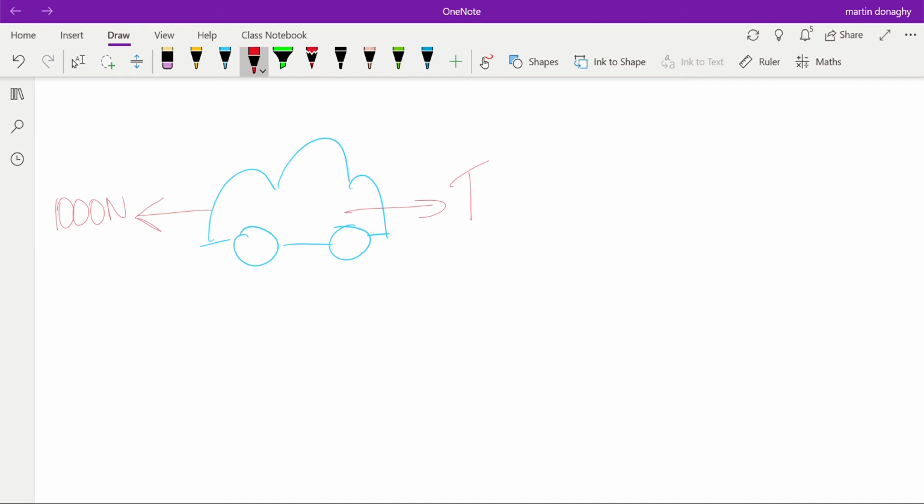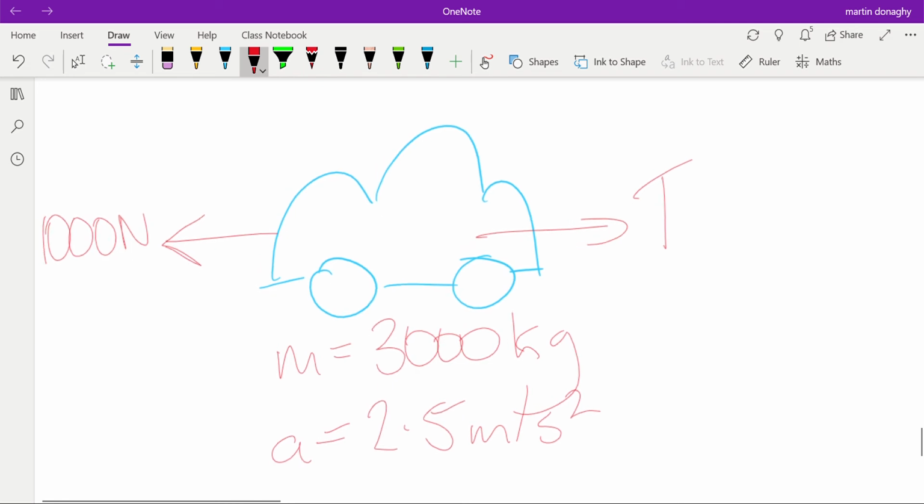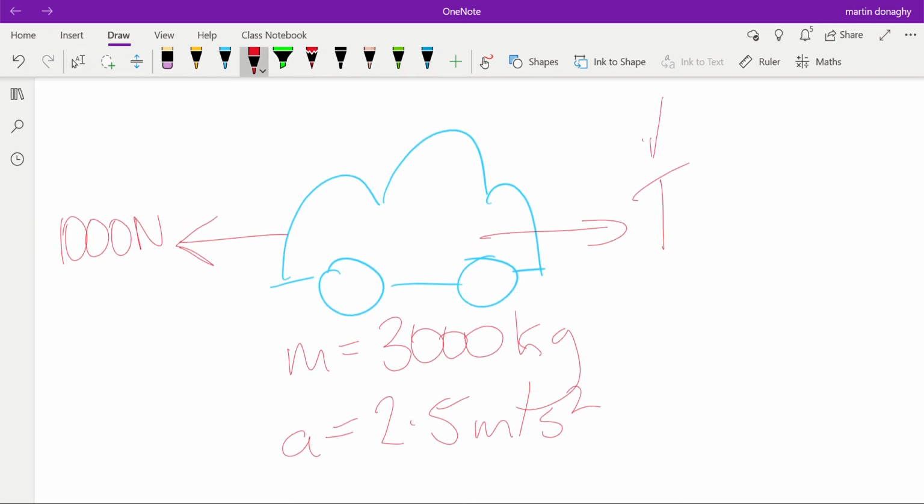But the car has a mass, sticking with our same values, of 3,000 kilograms, and an acceleration of 2.5 meters per second squared. So really what this question is asking is, what does the thrust T have to be so that the car will have an acceleration of 2.5, given a backwards force of 1,000 newtons.